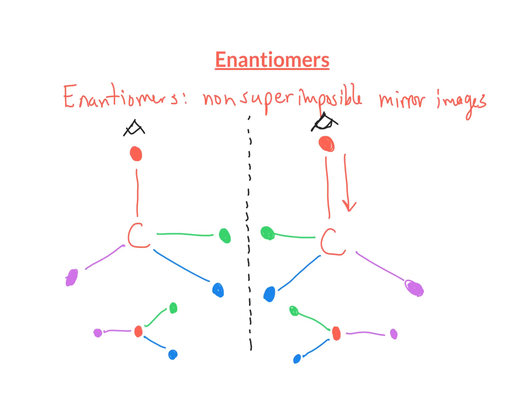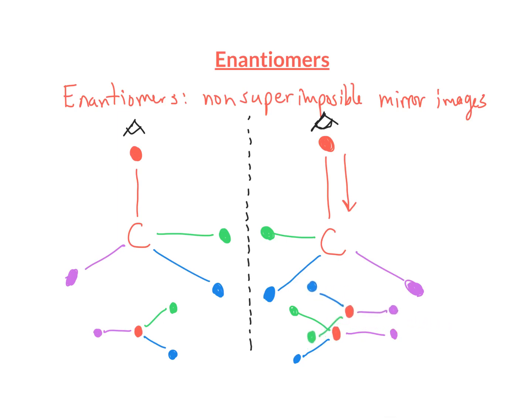And what I mean by that is I could take this structure, copy this structure, and bring this structure over here to show you that these two are non-superimposable mirror images. So I'm going to rotate this structure so that the purple and the red line up. And so if I rotate this structure so that purple and red line up, you see these are non-superimposable structures.